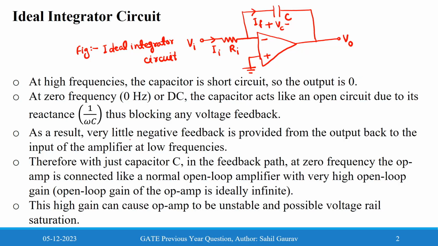As a result, very little negative feedback is provided from the output back to the input of the amplifier at low frequencies. Therefore, with just capacitor C in the feedback path at zero frequency, the op-amp is connected like a normal open loop amplifier with very high open loop gain. That means the open loop gain of the op-amp is ideally infinite. This gain can cause the op-amp to be unstable and possibly saturate the output voltage.